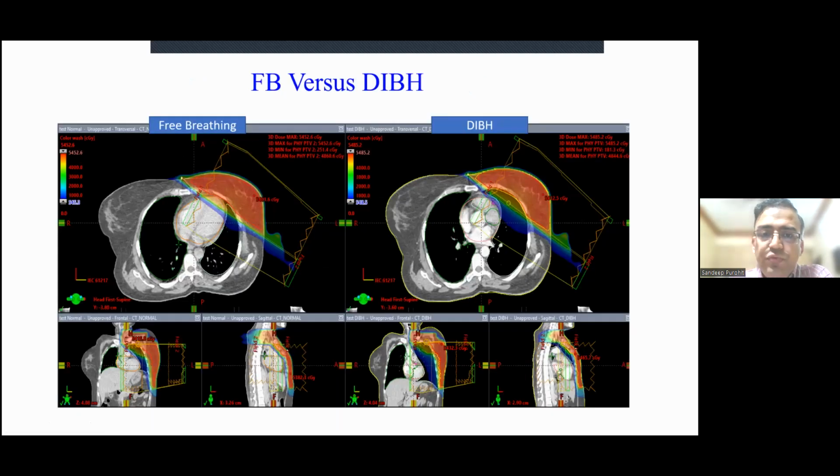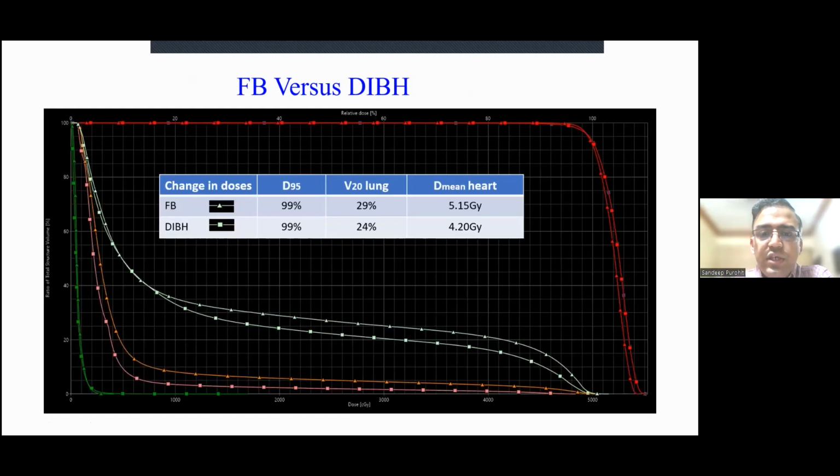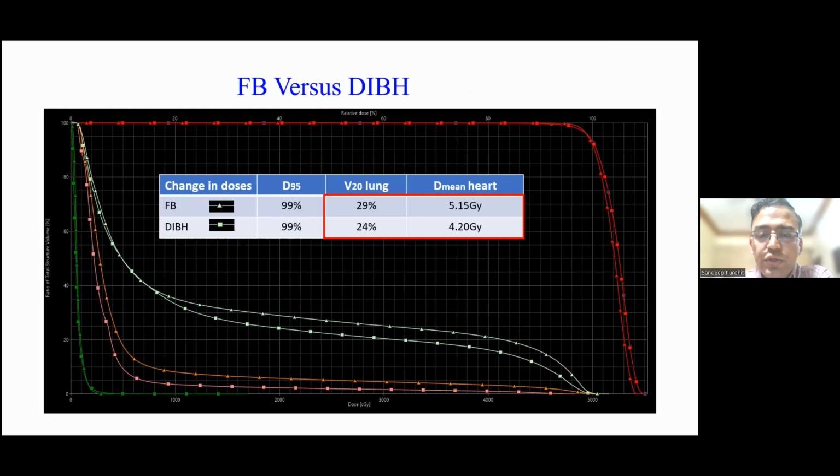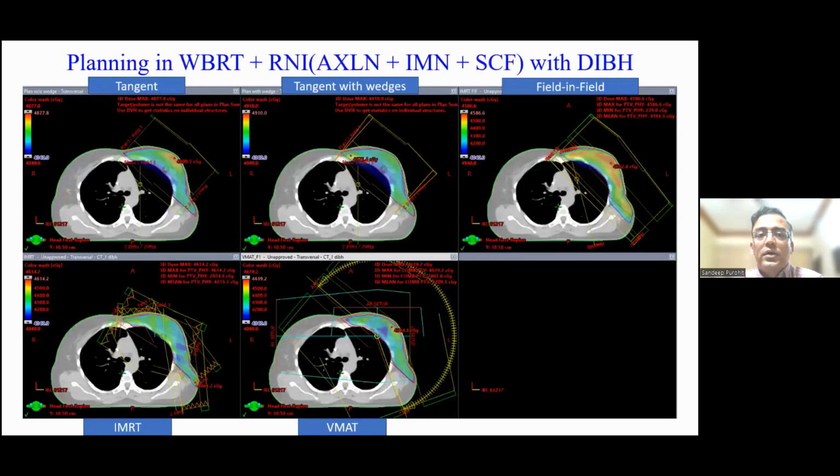When in the same patient we compared free breathing versus DIBH, and the plans were made, it showed significantly lower doses in the DIBH arm, with lung dose reduced from 29% to 24%, and D mean of heart from 5.15 to 4.20.